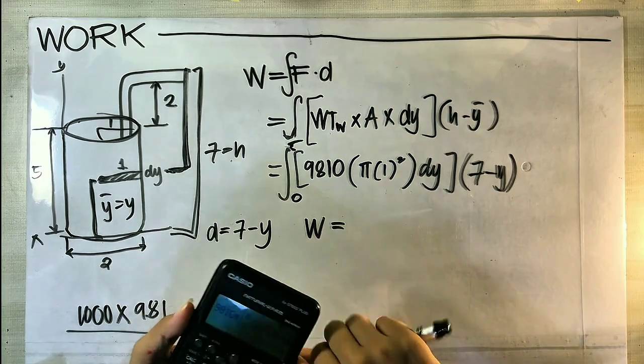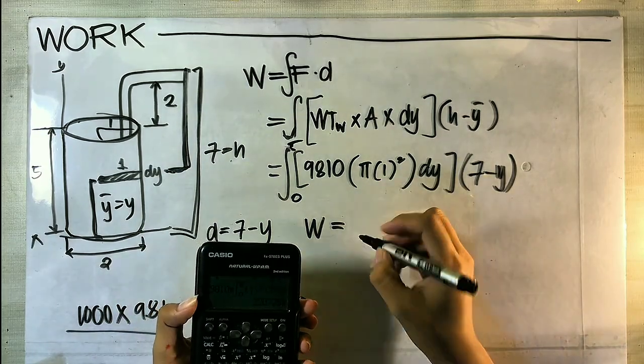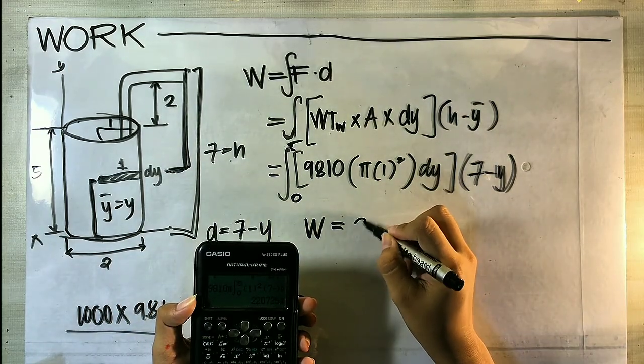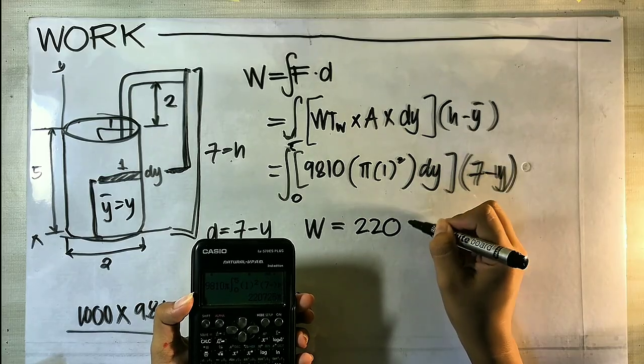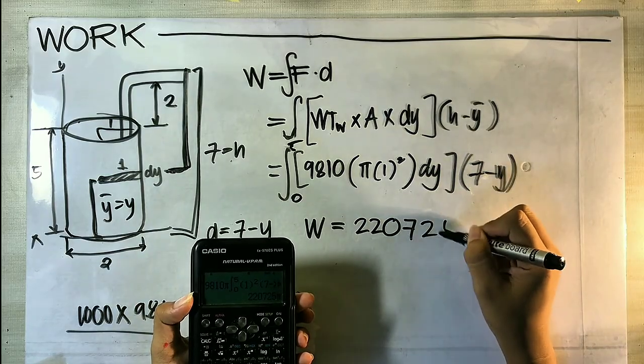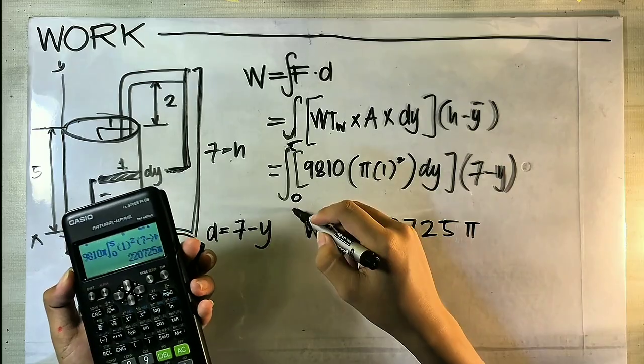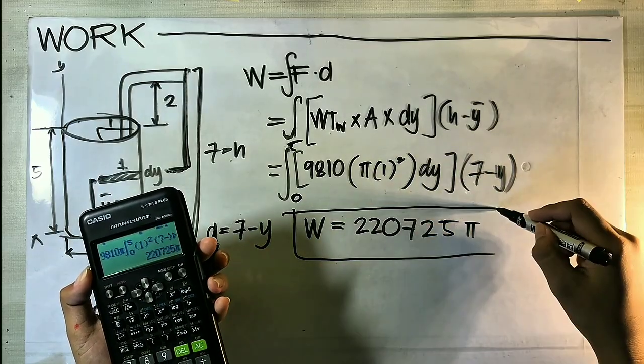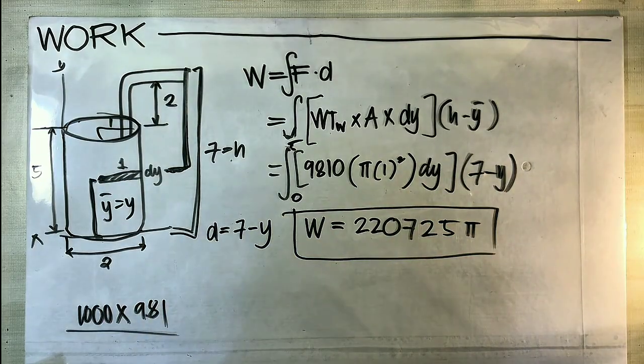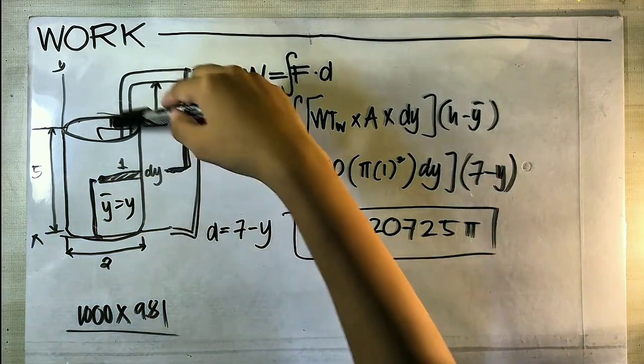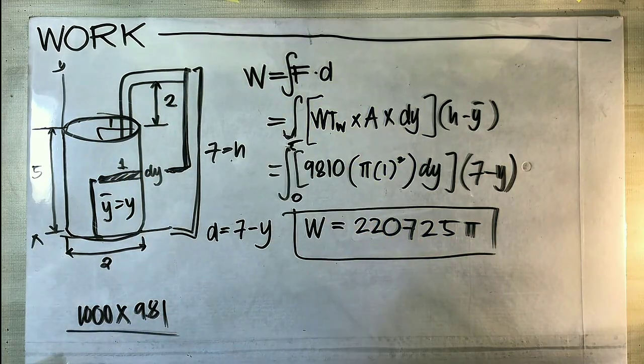So our work is 220,725 pi. So this is the work that we need, or the effort that we need for us to empty this tank filled with water.